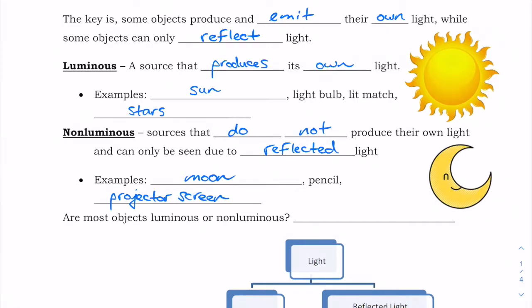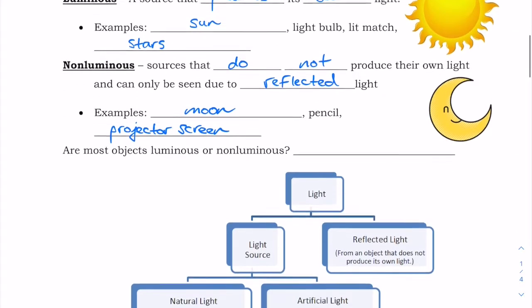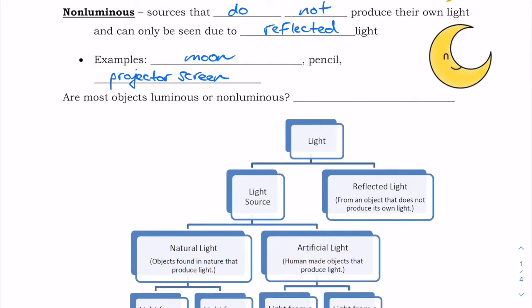The projector itself is a source of light because it has a light bulb, but the screen is not a source of light. Rather, it's reflecting the light from the projector. And what you'll discover is that most objects that we encounter in everyday life are actually non-luminous. If every object was luminous, you can imagine that the world would be a very bright place.